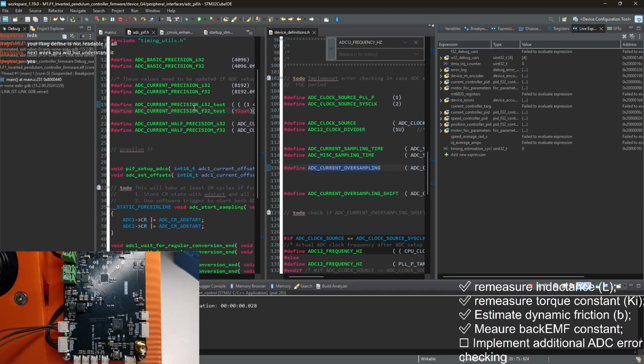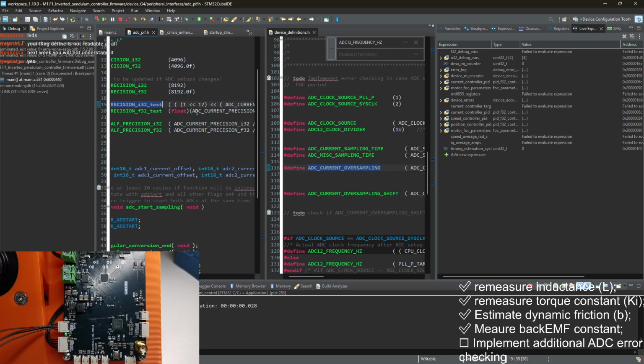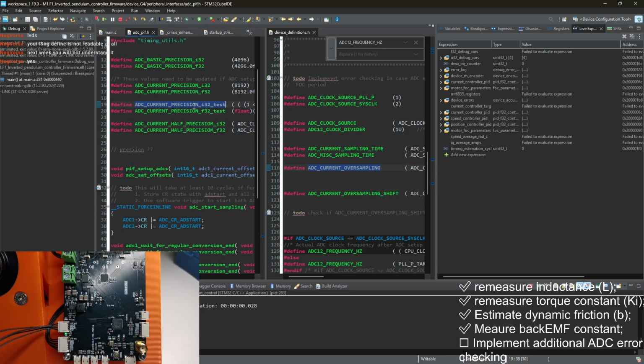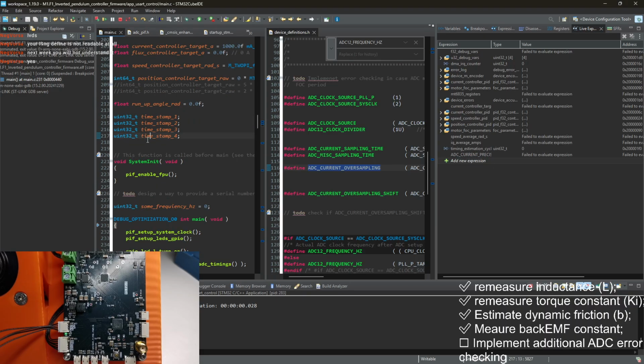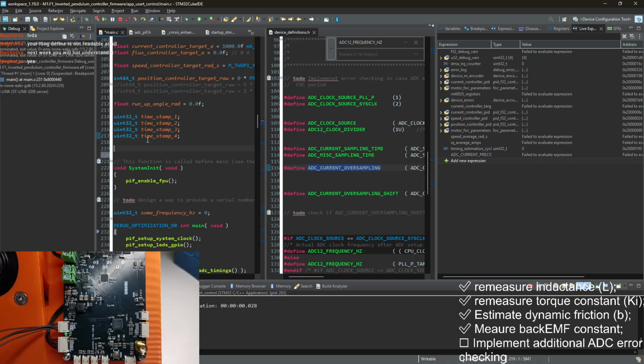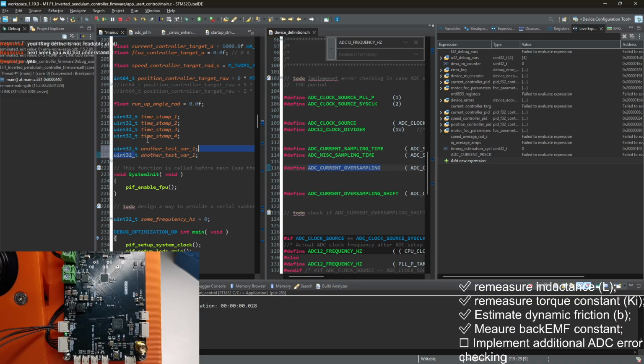Let me test it first and then I will explain it, because this line is actually very easy. There are way more complicated things than this. Okay, it was compiled out because it is not used, but let's say test var, int32, another test var, and also let's do a float value.